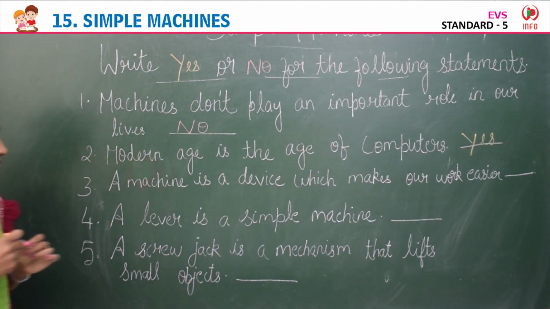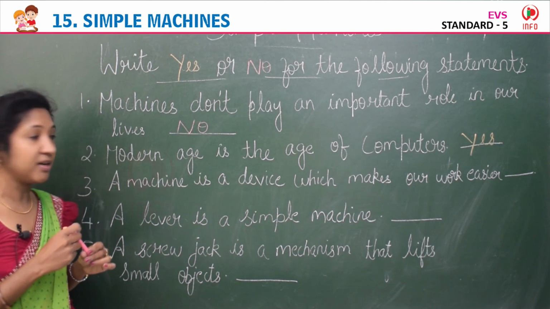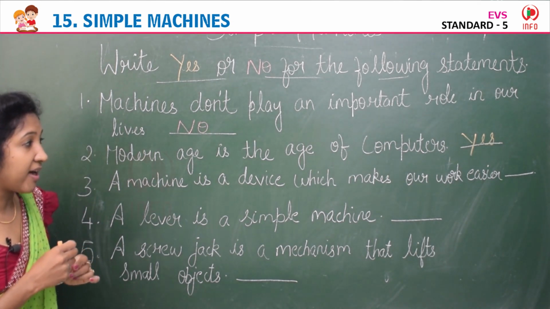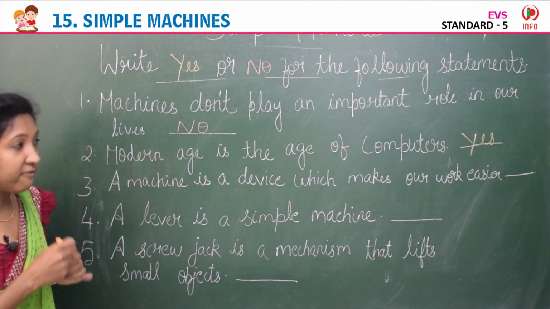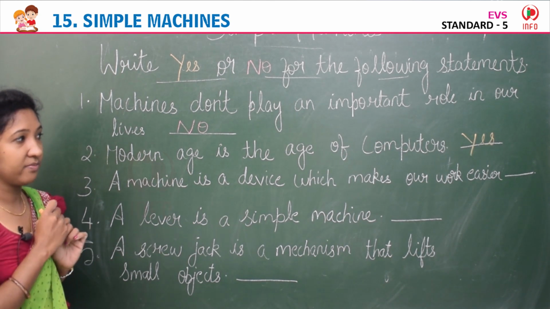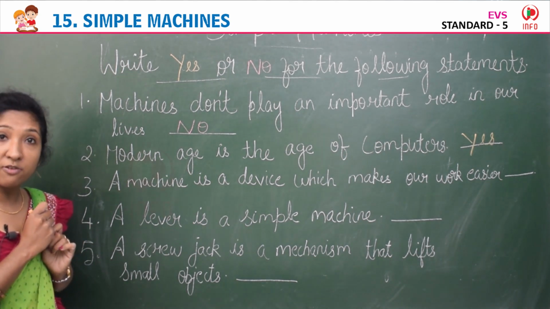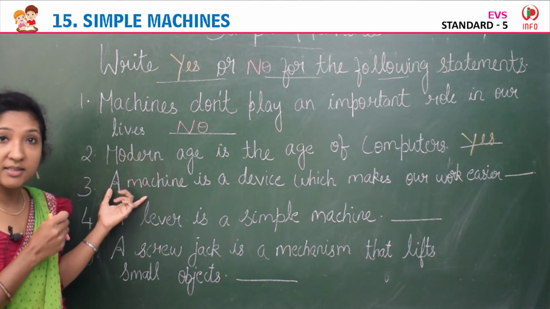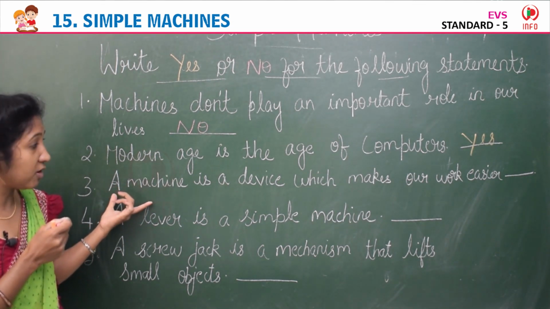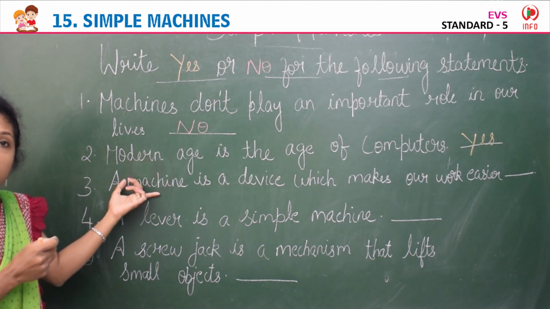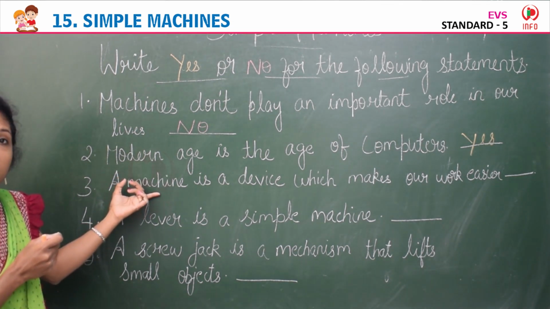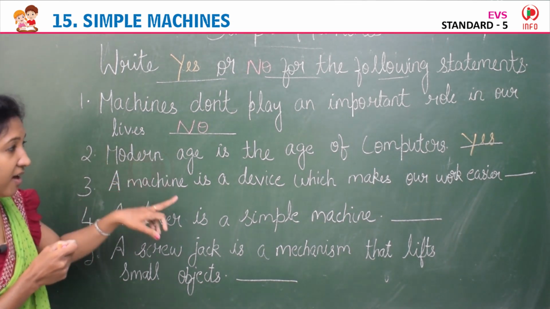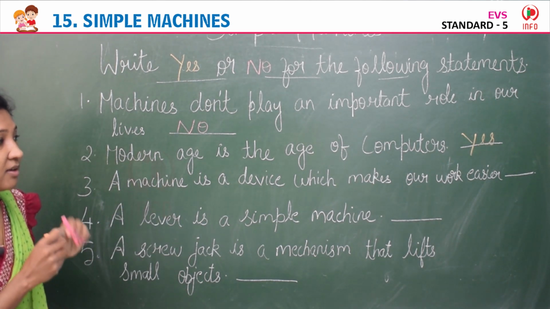Okay. Now the third statement is a machine is a device which makes our work easier. Is it true or false? Do machines make our work easier, comfortable? Is the statement right? Yes, a machine is a device which makes our work easier.